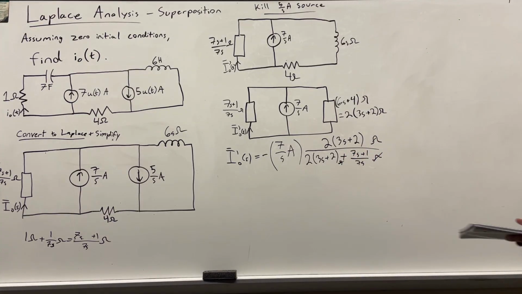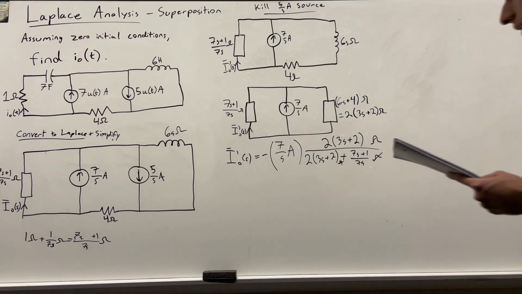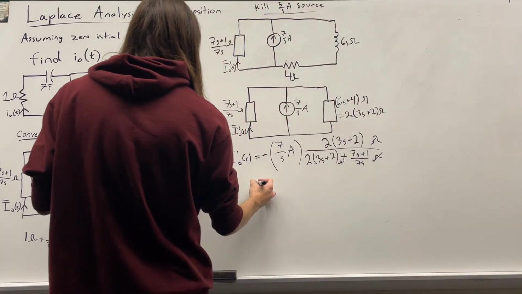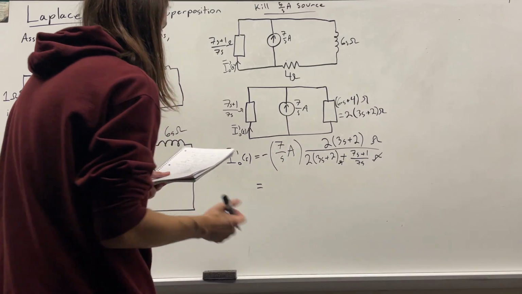The ohms all cancel out. We're left with amps. And then simplifying this equation, I'm going to skip a few steps here.